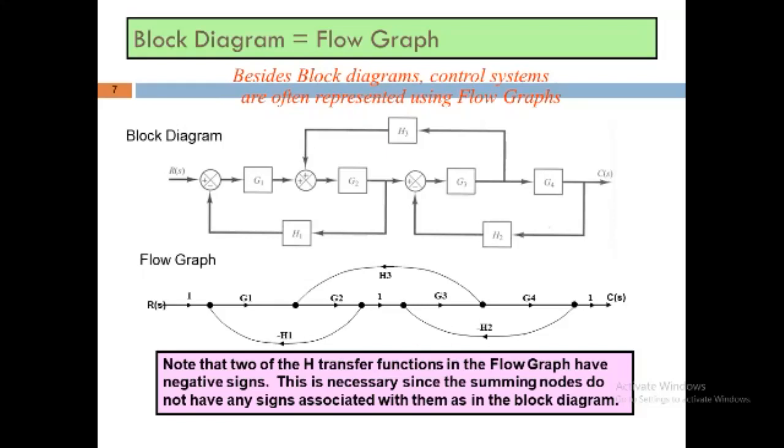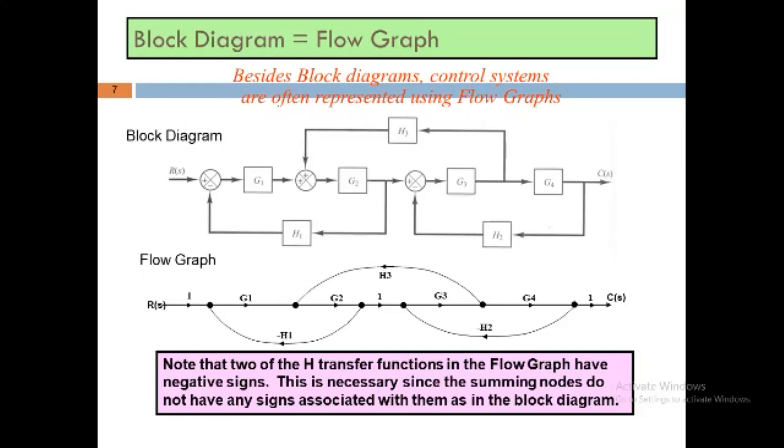The poles of this transfer function are the values of the Laplace transform variable S that cause the transfer function to become infinite. These poles can be easily found by equating the denominator of the transfer function to 0.